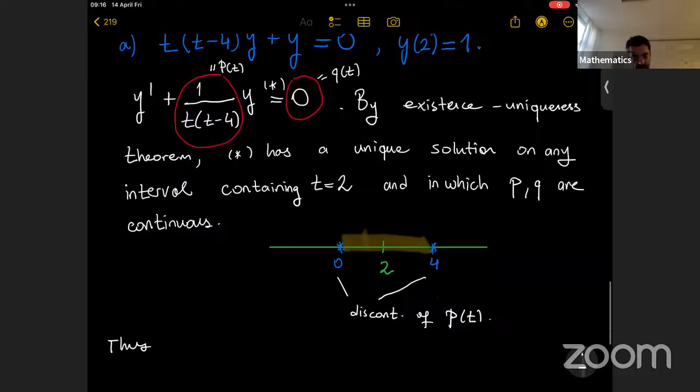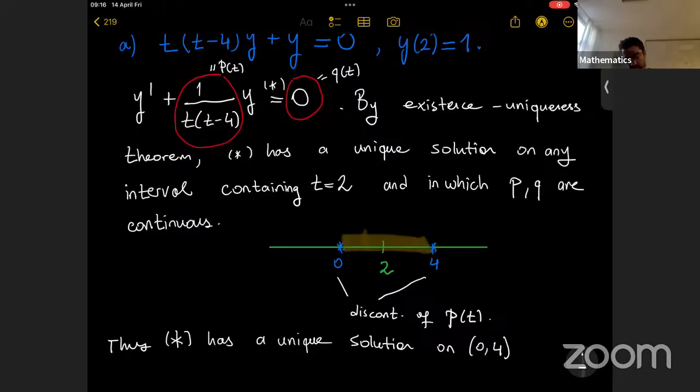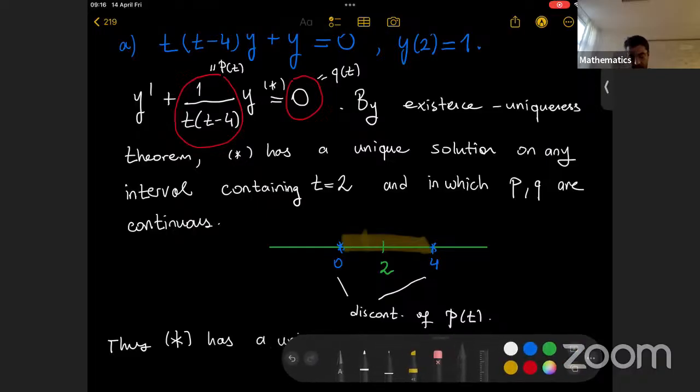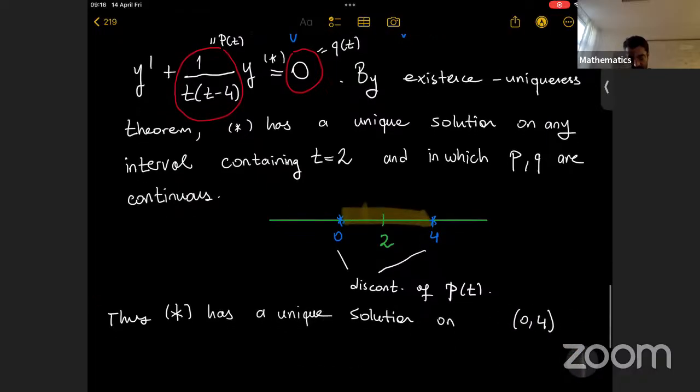Star has a unique solution on the interval from 0 to 4.